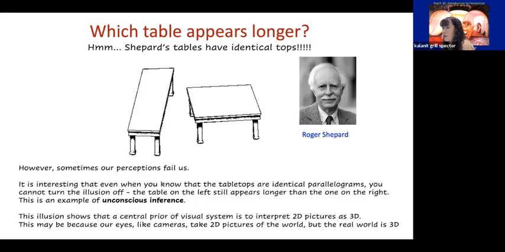I call it a prior because the visual system does that for you whether or not you want it to happen. And the question is, is this a bad thing? I think that it might not be, because it might be something you're doing every single moment. In fact, the images that are hitting your eyes are always 2D. So you're always taking 2D pictures of the world, and yet the world is 3D, and we always have to interact with a 3D world. So that might be something that is evolutionarily useful.